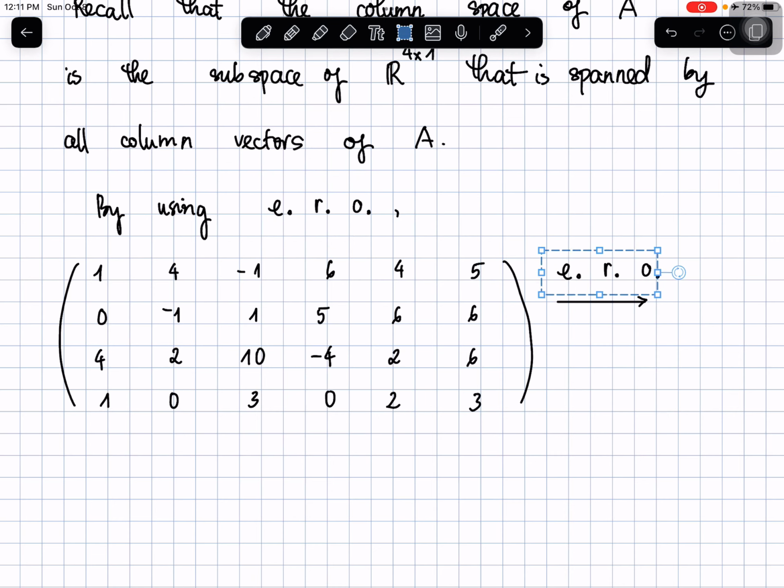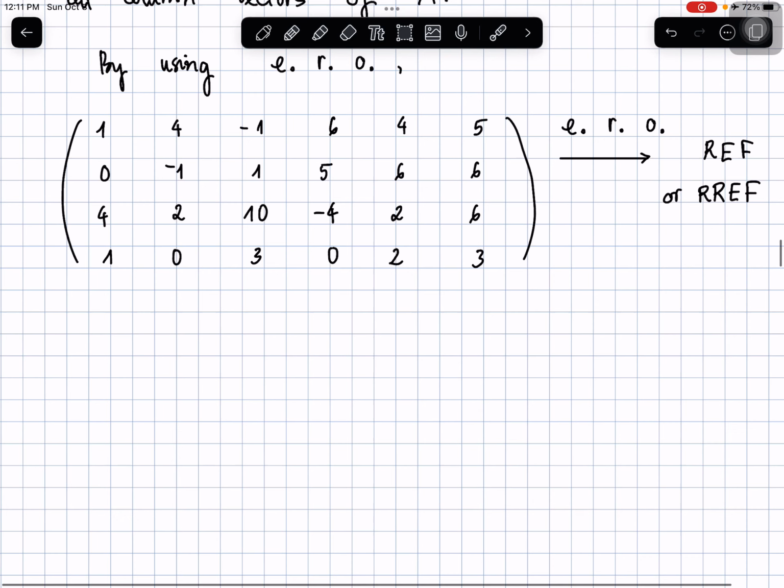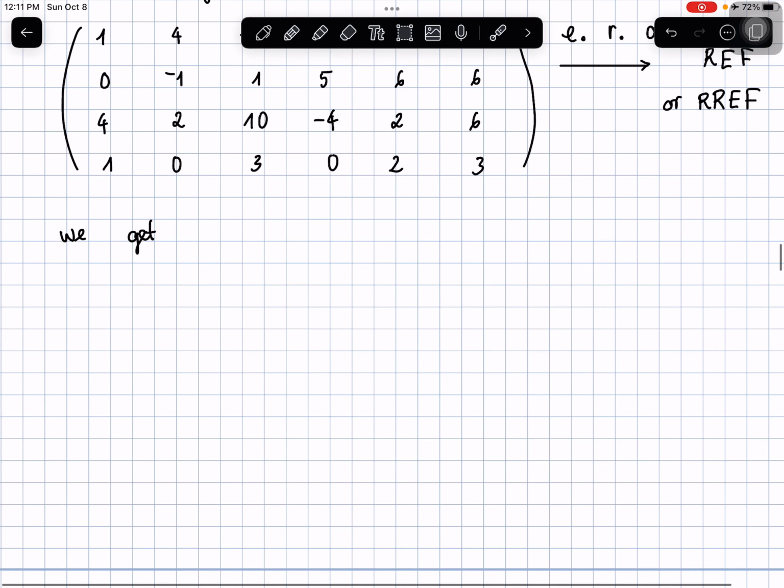We bring this matrix to either row echelon form or reduced row echelon form. Okay, and in this case, here's the result. We get this matrix.